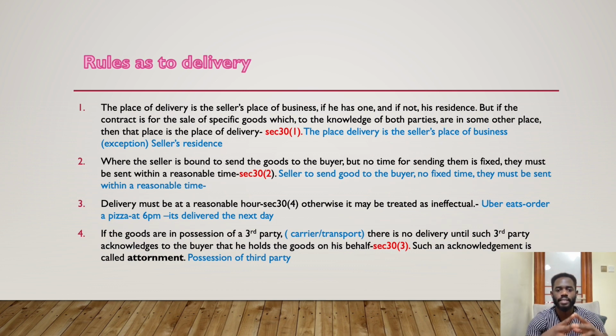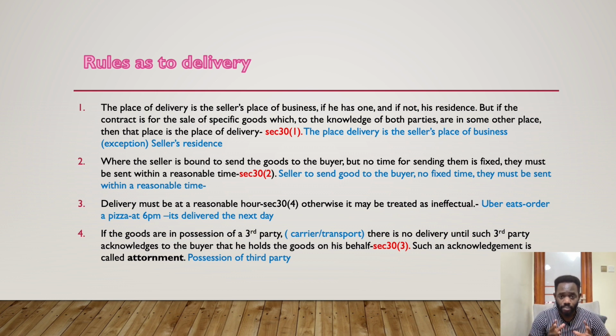We may have a contract between a seller and a buyer, but in this particular contract, the seller and the buyer do not have any stipulations or terms that are going to guide the delivery of goods from the seller to the buyer. This is a sale of goods contract that lacks that. There is no guideline as to delivery of those goods.